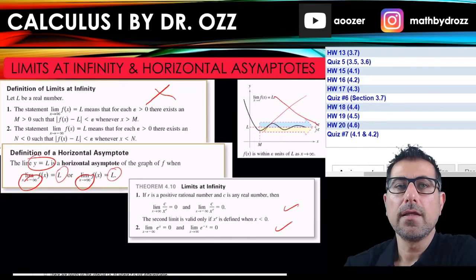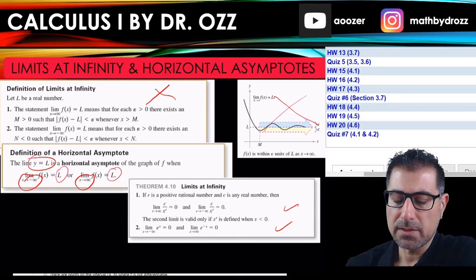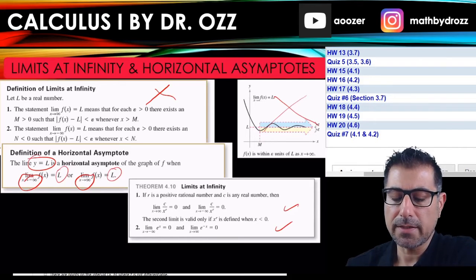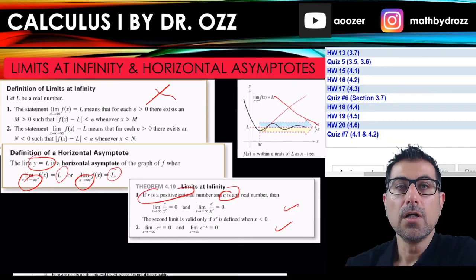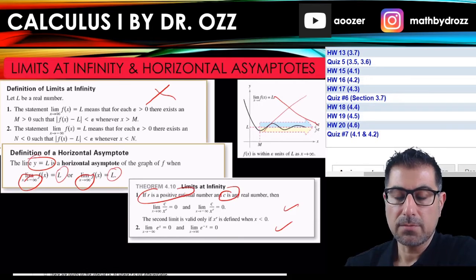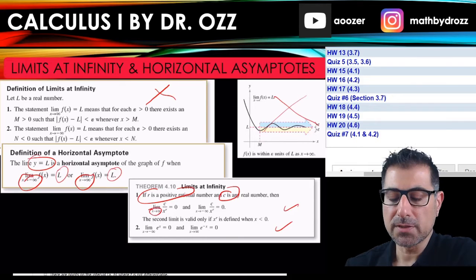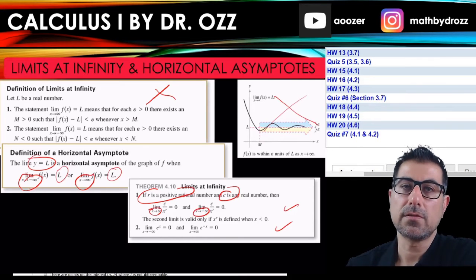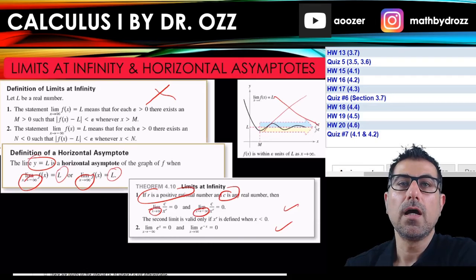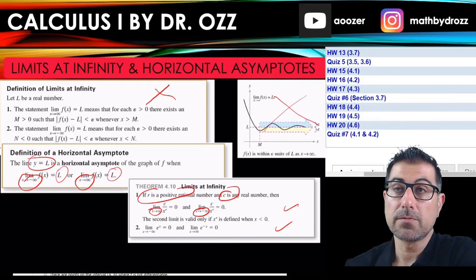And these are the known limits. As you see, if you have a constant, let's say c, and a positive rational number r, c divided by x to the r goes to 0 as x goes to infinity. And as x approaches negative infinity, c over x to the r also goes to 0.